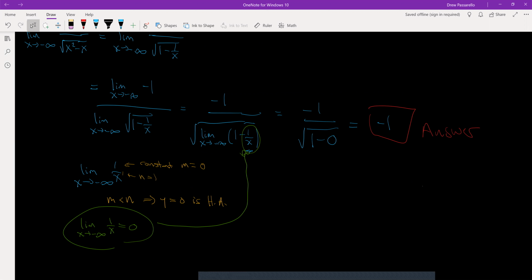So you're taking the square root of the limit. All right, and then that 1 minus 1 over x part is what I'm taking the limit of. Well, the limit of 1 is 1.